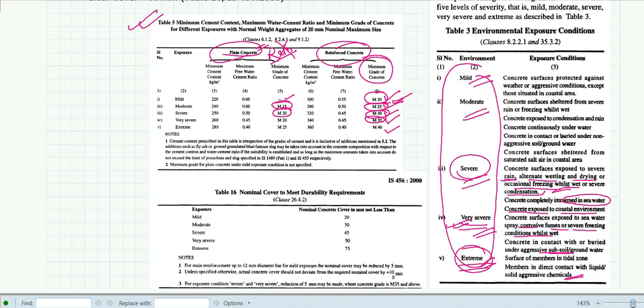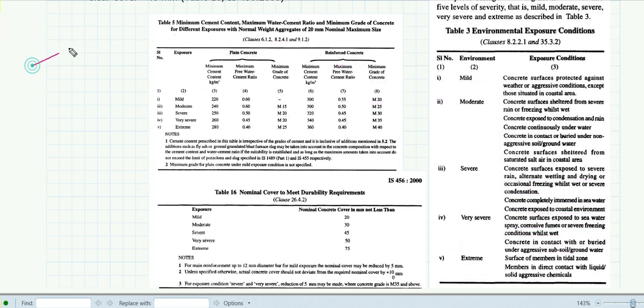So in our condition, the beam is outside of a building in a coastal area. That means there is a probability that it will have seawater exposure. So you can consider that it might be moderate or severe, depending on knowing exactly what the condition of the structure is.